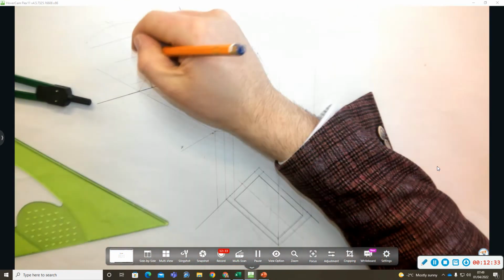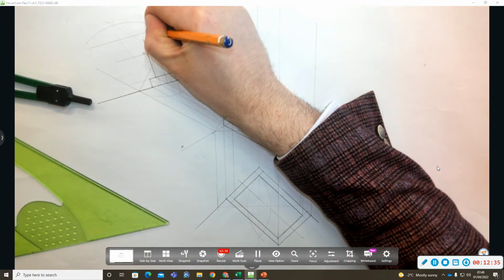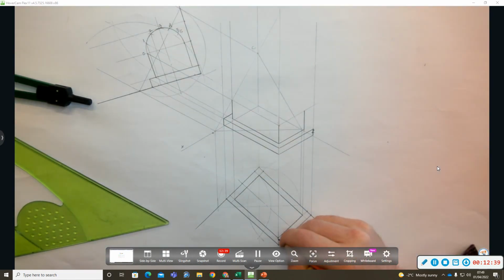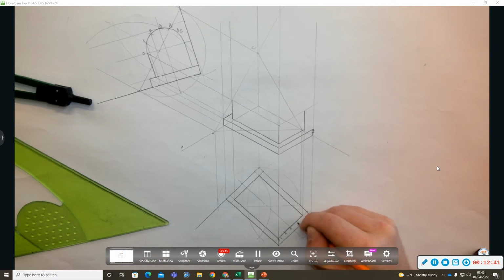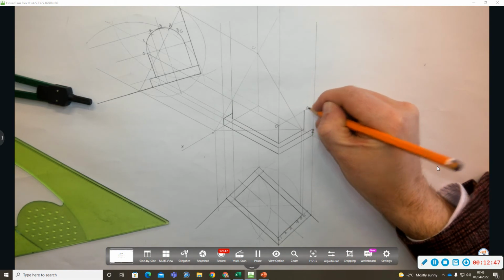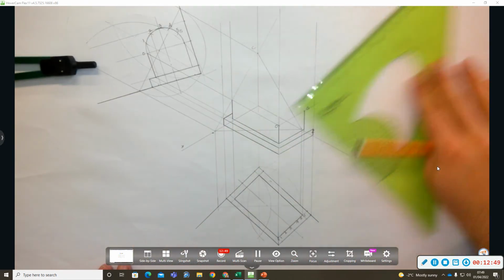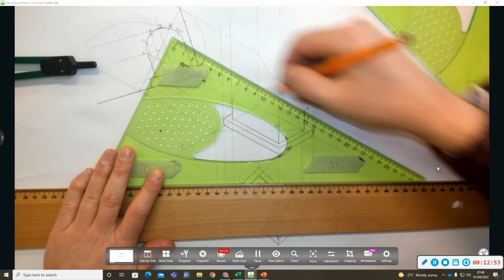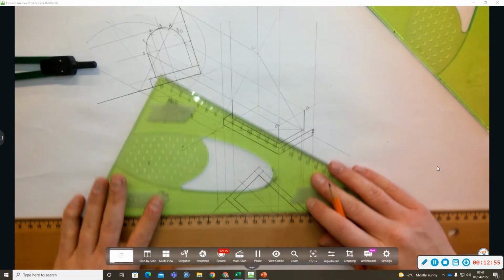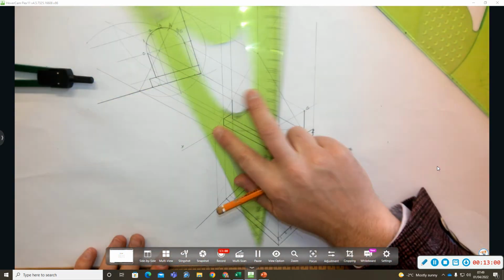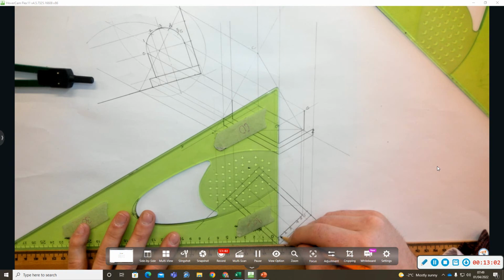Now I can label these 0, 1, 2, 3, 4, 5, 6. 0, 1, 2, 3, 4, 5, 6, right? So you already have 0, okay, and 6, because look, there's 0 and 6 will be there. Right, so I'm going to project down 1 and bring 1 up.